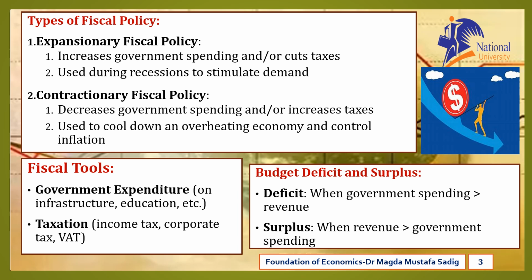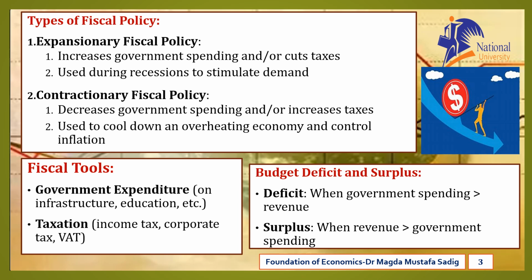While budget surplus happens when revenue is greater than government spending, used to pay off debts or prepare for future downturns. So if the government collects $100 billion in taxes but spends $120 billion, that is a deficit of $20 billion. If it only spends $90 billion, that is a surplus of $10 billion.